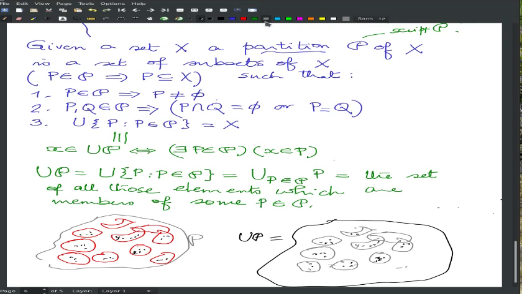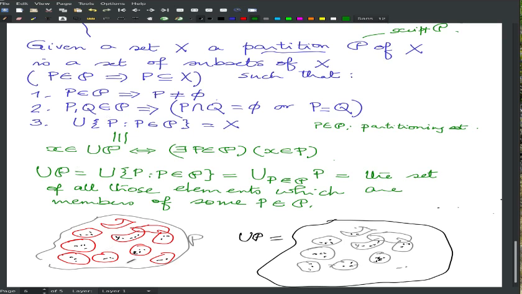So P in script P, that's the name. It's called a partitioning set. In general, when script P is not a partition, we'll say a script P set or an element of script P or something like that.